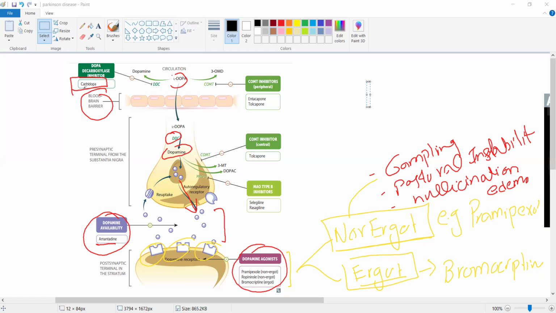Because carbidopa is basically a dopa decarboxylase inhibitor, and it does not cross the blood-brain barrier, right? So it will prevent the peripheral side effects of dopamine, right? We also use other drugs that inhibit the enzyme that metabolizes L-dopa into 3-OMD, right? These drugs are entacapone and tolcapone, right?